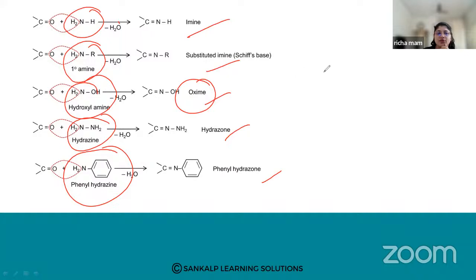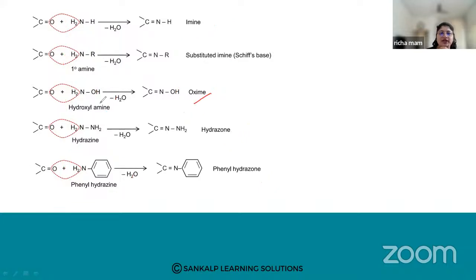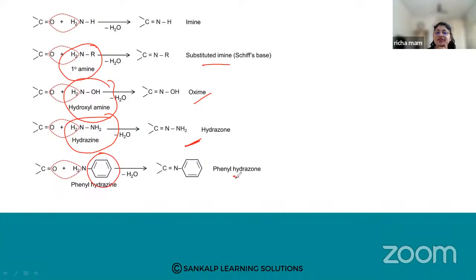You have to say that when a carbonyl group reacts with hydroxylamine, you get oxime. Like that, you have to remember all these products and the reactants you are using. Whenever you use a primary amine, you get a substituted imine. Whenever you use hydroxylamine, you get oxime. Whenever you use hydrazine, where one of the hydrogens is substituted by an NH2 group, you get hydrazone. And when one of the hydrogens is replaced by a phenyl group, you get phenylhydrazone.